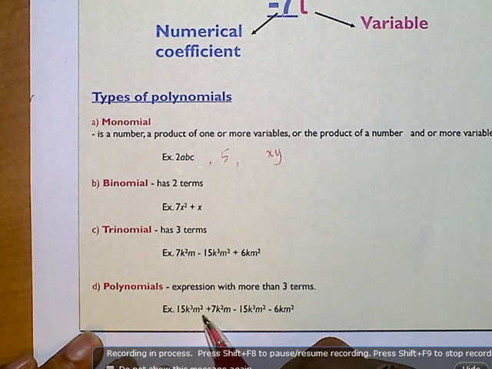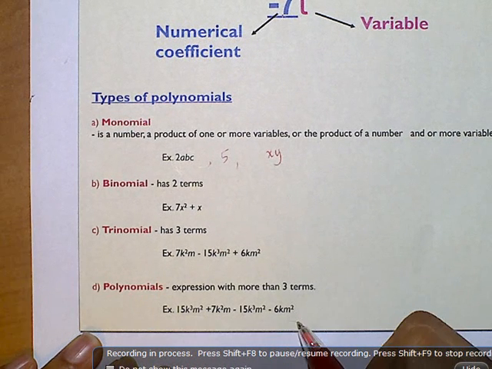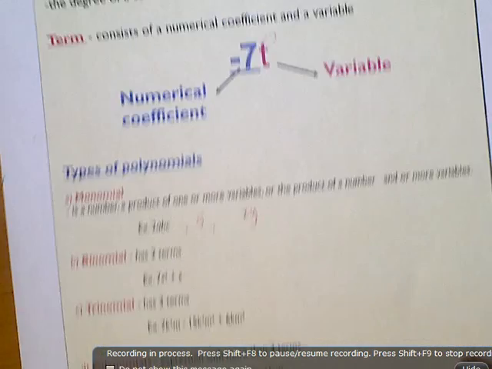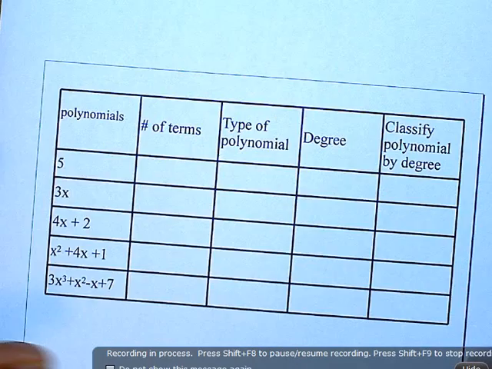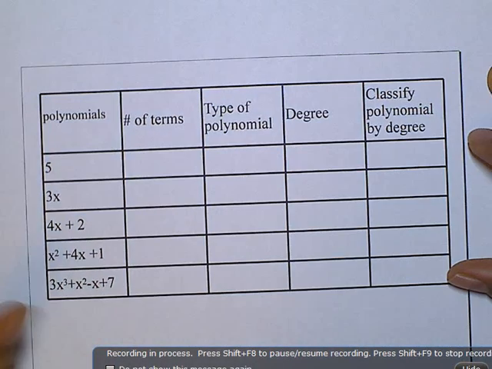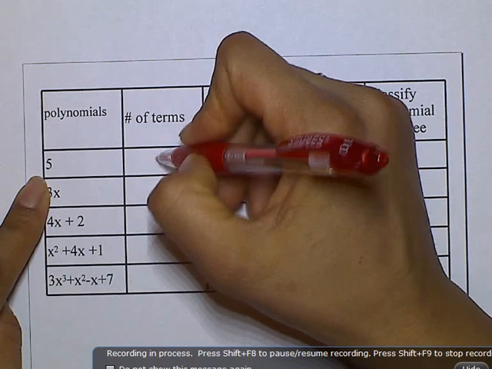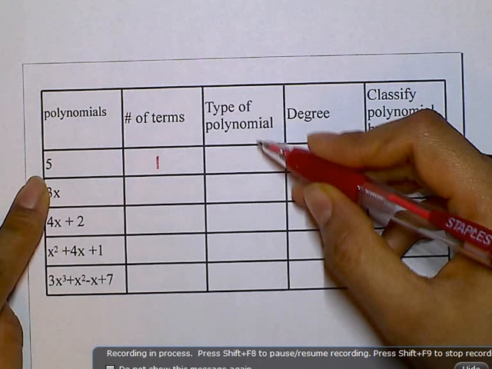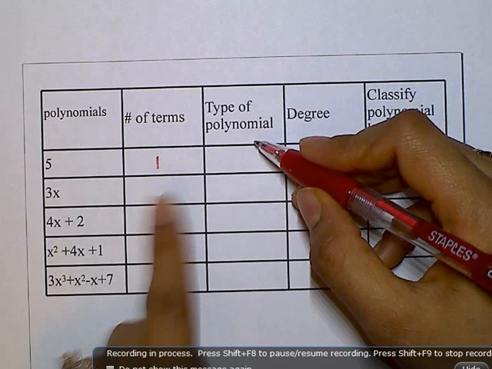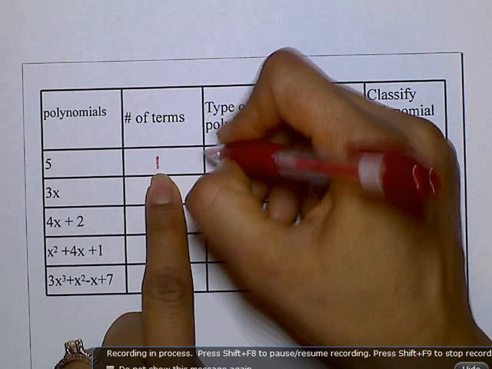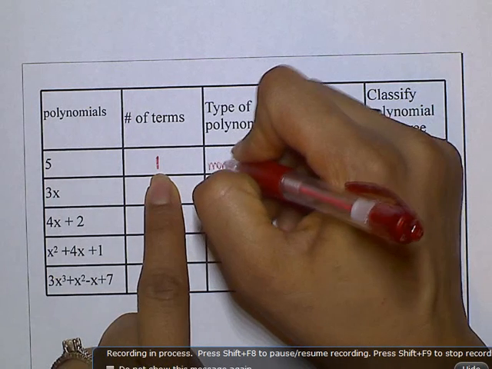So let's do some examples of classifying our polynomials by the number of terms along with their degree. So for example, if I have 5, how many terms do you have? You only have one term here. And the type of polynomial, since we're looking at the number of terms, is going to be called a monomial. Its degree, there's no variable here.